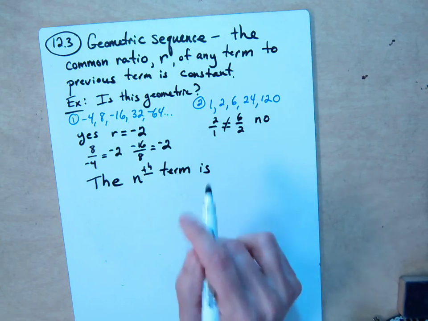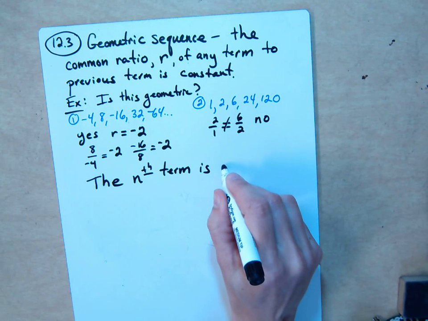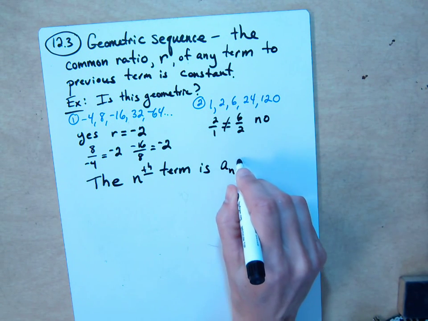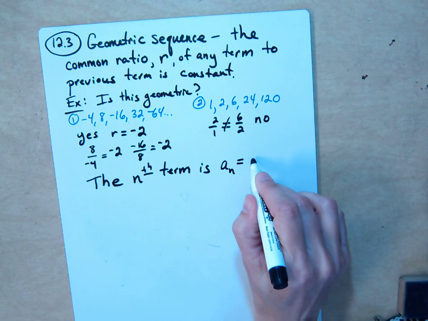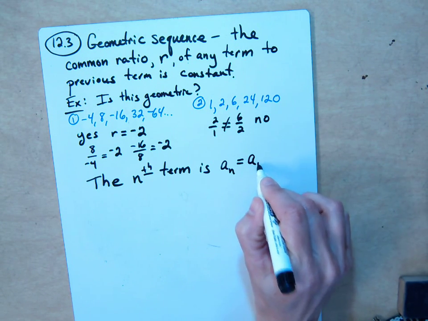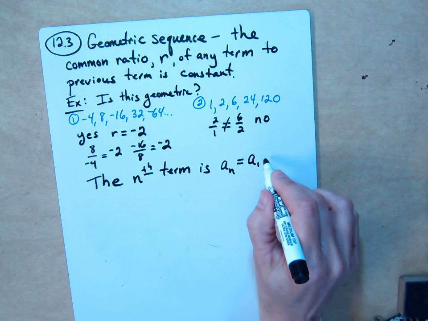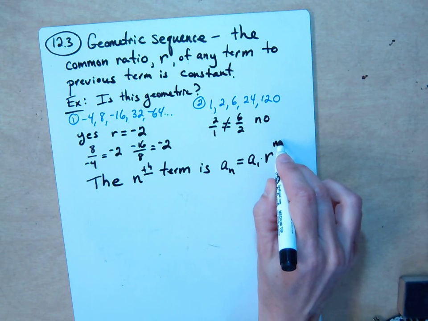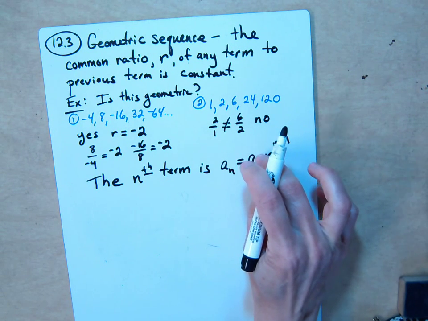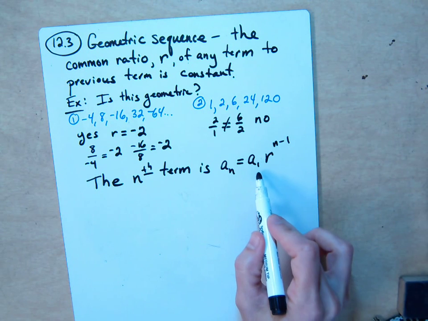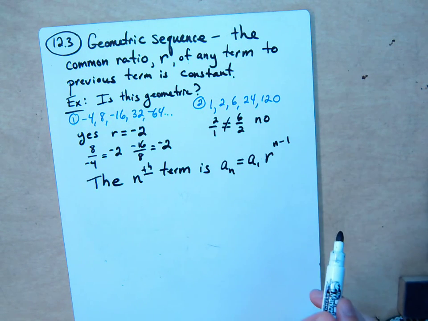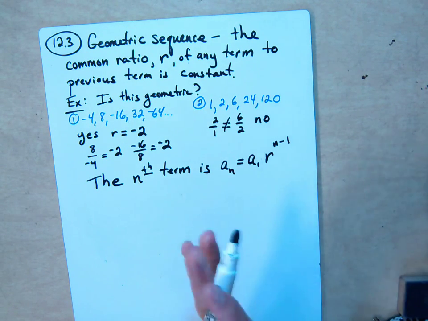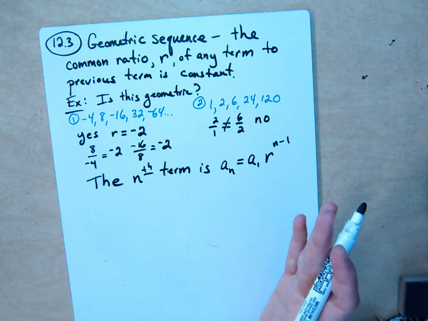If it's a geometric sequence, the nth term is a sub n equals the first term, a sub 1, because that's where you start, multiplied by r, n minus 1 times, which is reflected by an exponent. So it's a sub 1 times r to the n minus 1. Because we learned last time, even with arithmetic sequences, when you want to move from one term to the next, you have to move n minus 1 times.